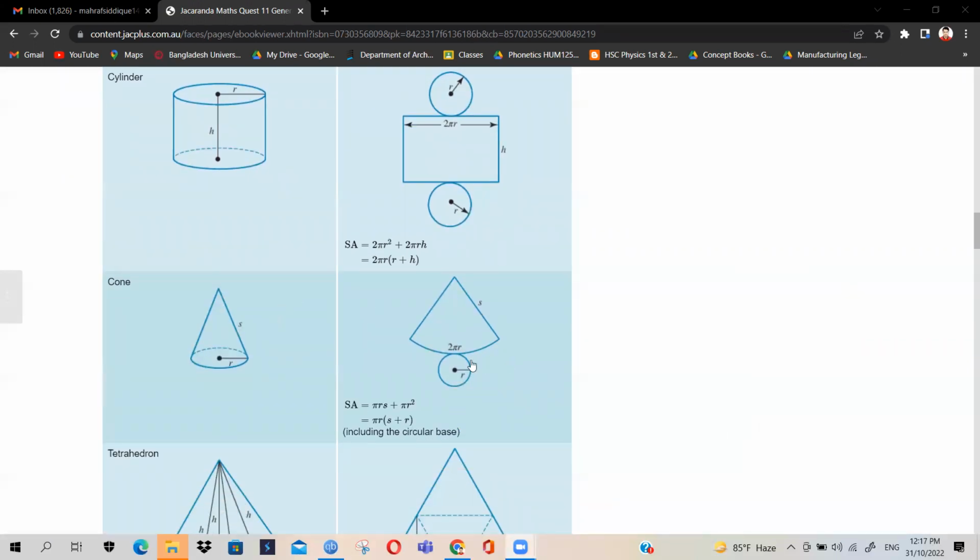Consider this to be an arc, a portion of a circle. So that is 2 pi r. I mean, the whole of it is not seen because this portion is dotted. So that would be the circumference, which is 2 pi r, the whole of it.